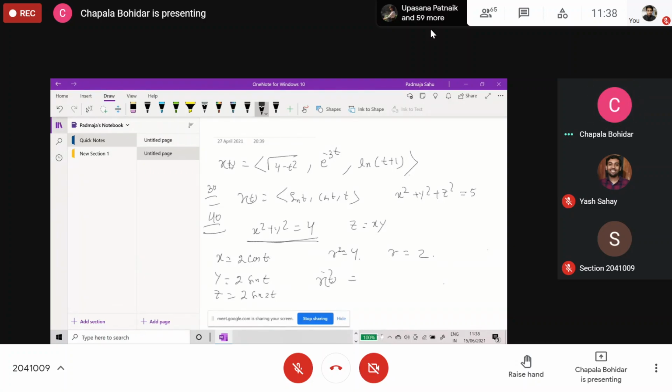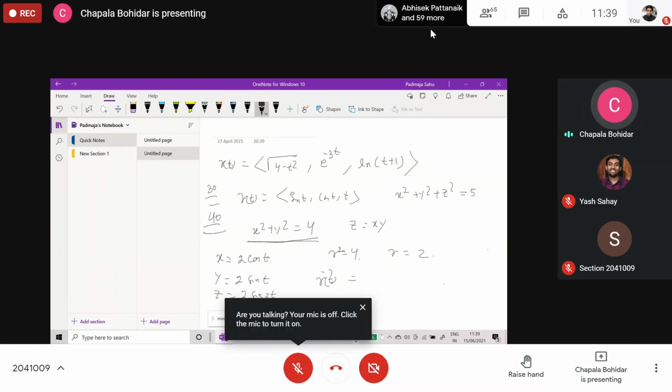Assignment is 3, 20, 25, 44. Question number 3: find r'(t), the position vector r(t) and the tangent vector r'(t) for the given value of t.